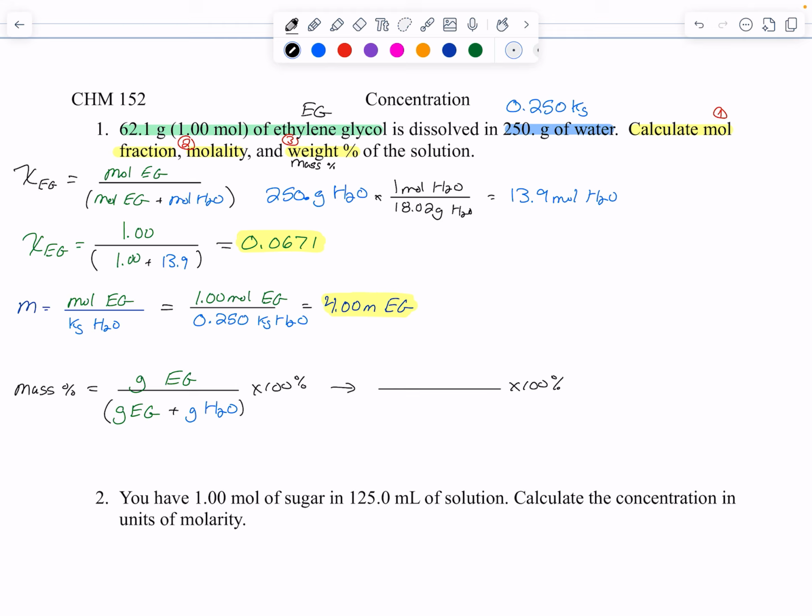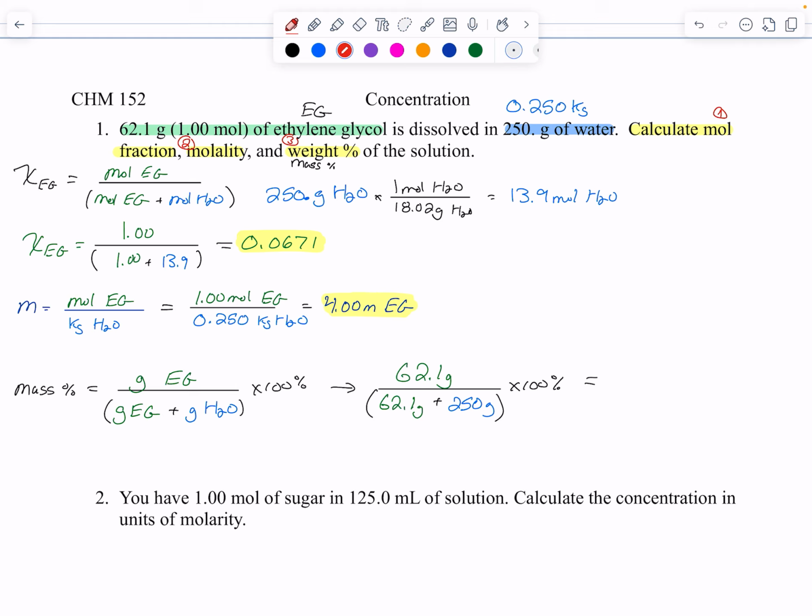So my grams of ethylene glycol is 62.1 grams from the problem. Grams of water is 250. And make sure we do that math first.